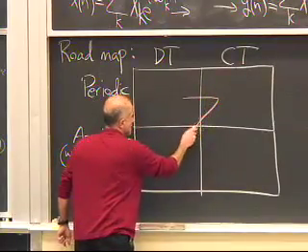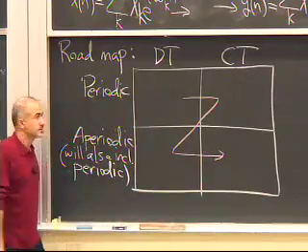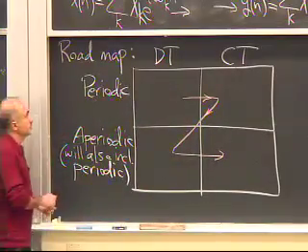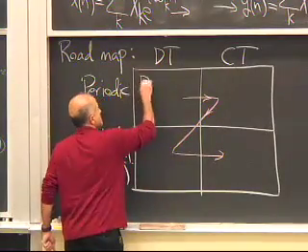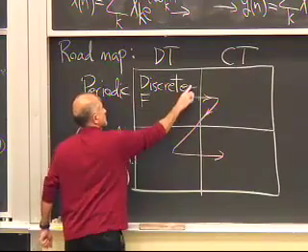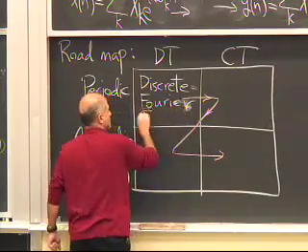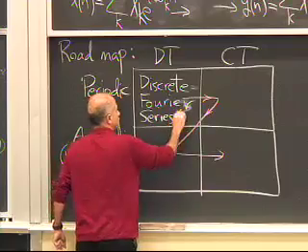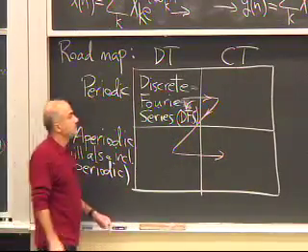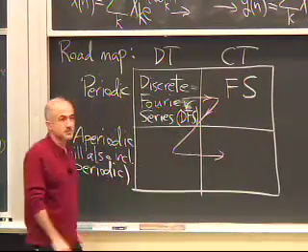And our map will be in this way. I'm going to go first here, then to the right, then to the bottom left, and then to the bottom right. Here we discuss the discrete Fourier series, or the DFS. Here we discuss the continuous time Fourier series, or just simply known as Fourier series.